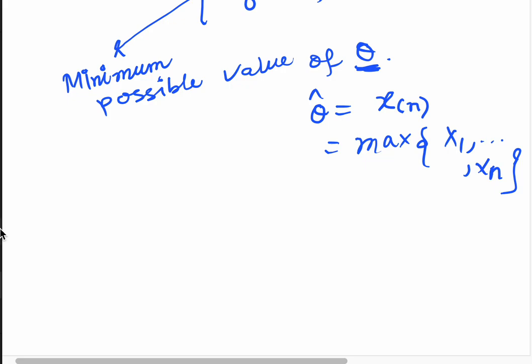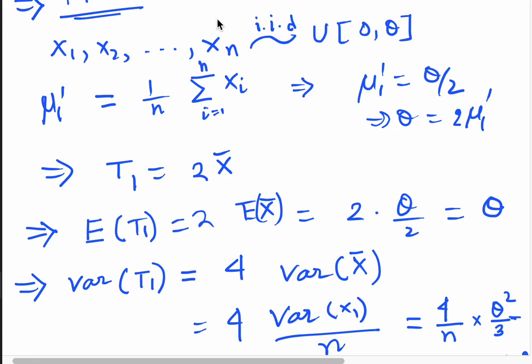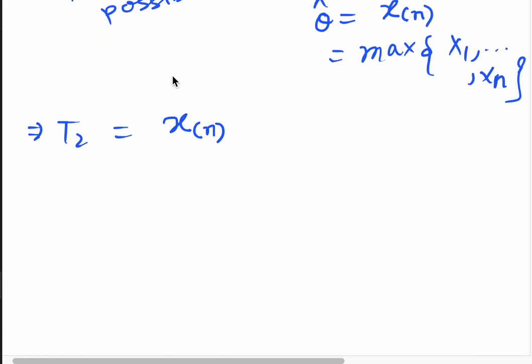So T2 is nothing but the maximum of the n observations in our sample. Now what will be the distribution? What is the probability that T2, or simply Xn, is less than or equal to small x?